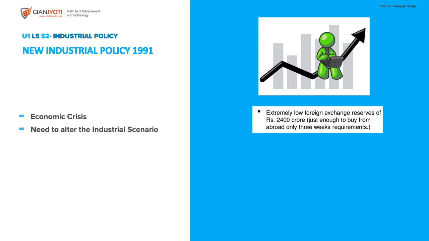In terms of figures, our foreign exchange reserves were as low as 2,400 crores, which is just enough to buy from the world market for the next 3 weeks, because no one is going to give us anything more than that, because they always look at your reserves. Also, inflation was at an all-time high, 13.5, almost touching 14 and a half, which is very, very high.